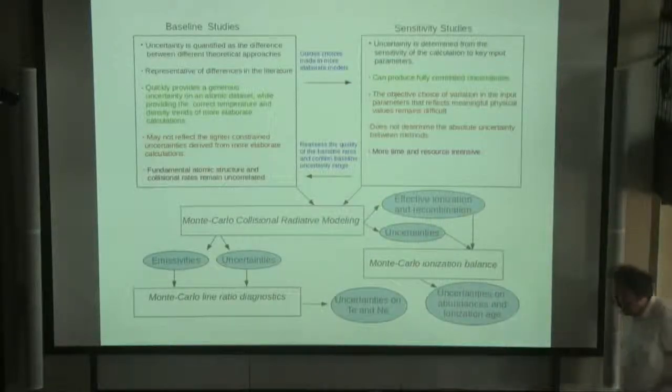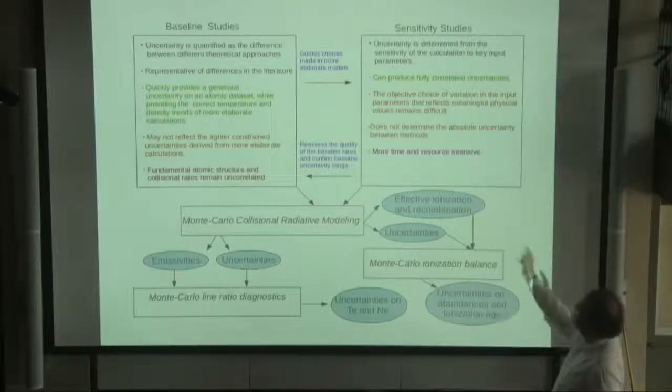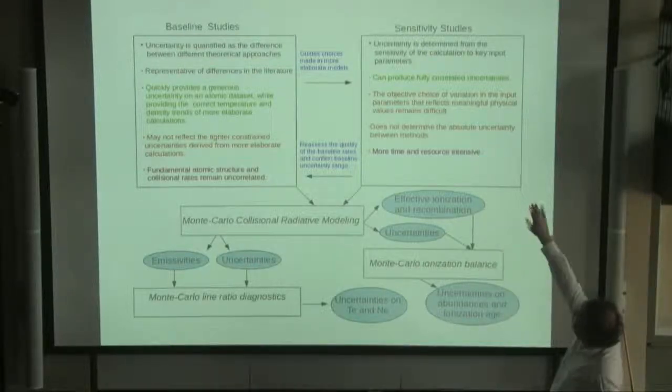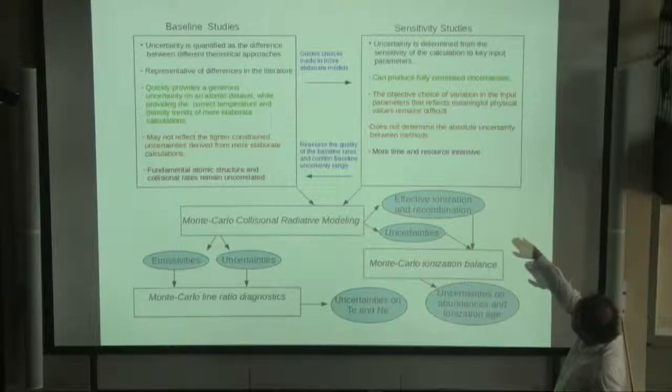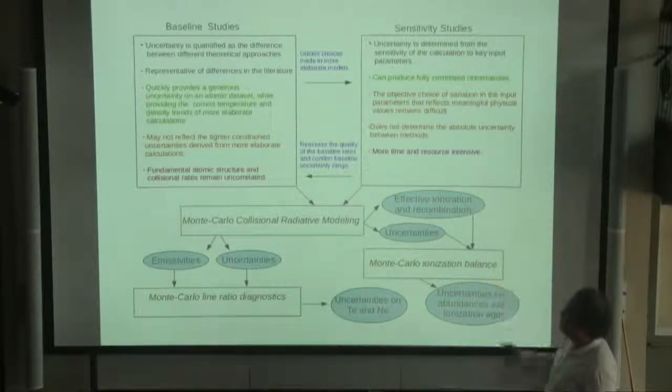So this is a more detailed rundown of the two methods that I've said. At the top are the strengths of the two methods, going down to the negatives. So baseline is uncertainty quantified as the difference between two theoretical approaches. Say an excitation from distorted wave or plane wave Born, convergent close coupling, and say an R-matrix calculation.